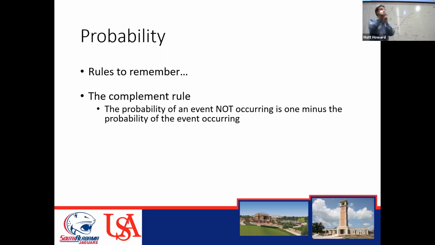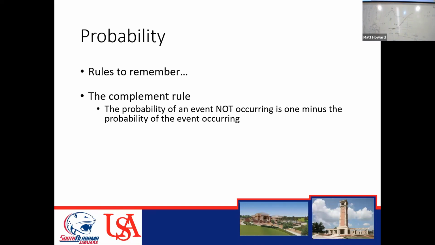Yeah, 0.167. So let's just make it simple and round it to 0.17. That means we have roughly an 83% chance of not rolling a 1.